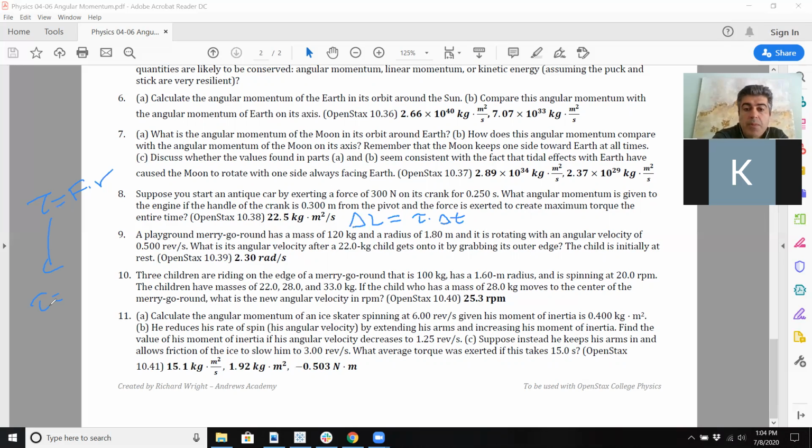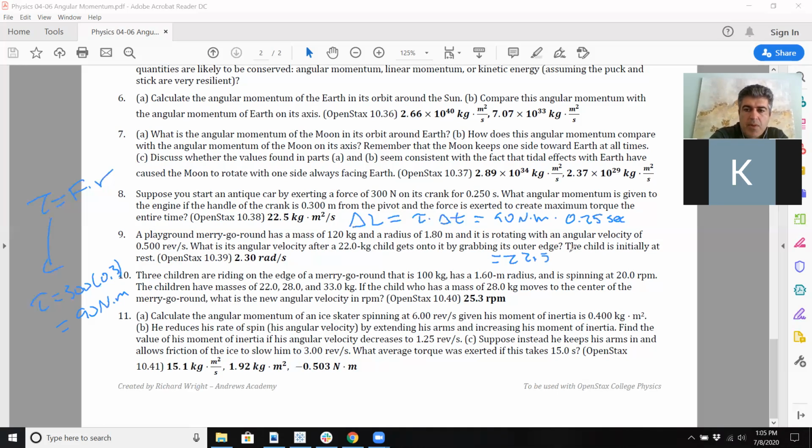So our torque is going to be 300 times 0.3, which would be 90 newton meters. So now here, I have 90 newton meters times delta t, which of course is 0.25 seconds. And if you work it out, you should get 22.5.